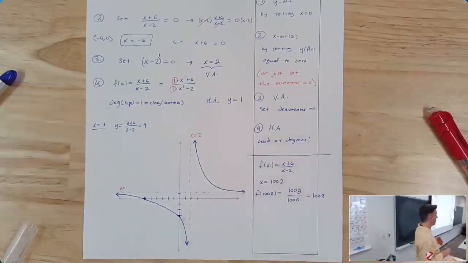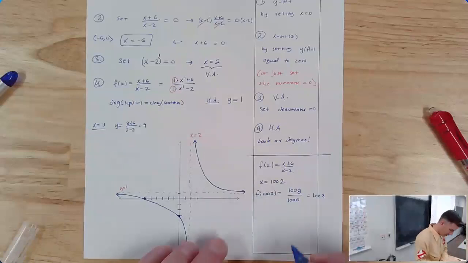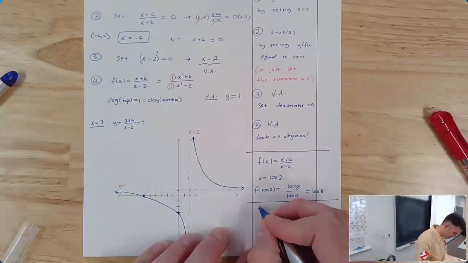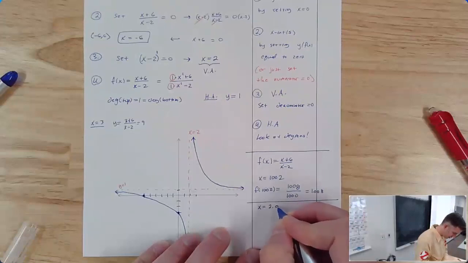So as you pick values for x that are really, really big, or really, really negatively big, the y values are getting super close to the horizontal asymptote, which is why we draw the horizontal asymptote, to help us graph that. On the other hand, if you pick values of x that are super close to 2, these are going to get a little bit messy here. Let's say we pick x equal to 2.001.